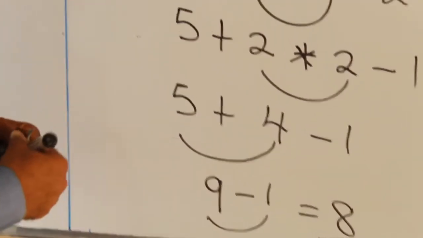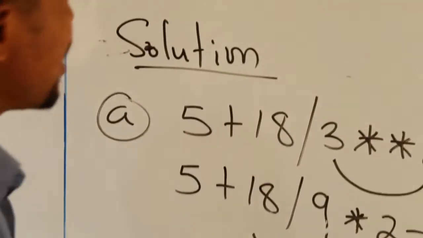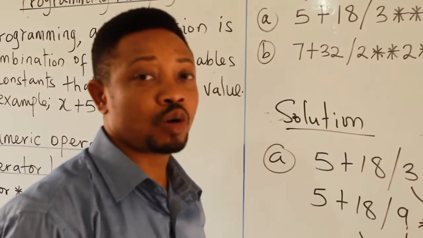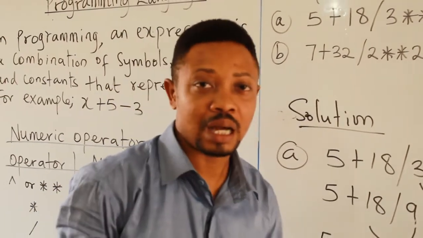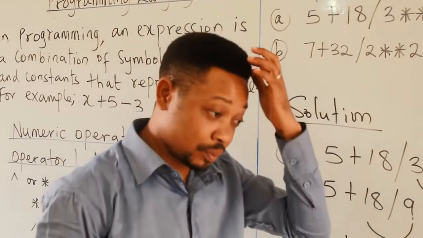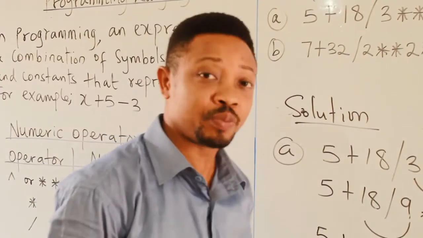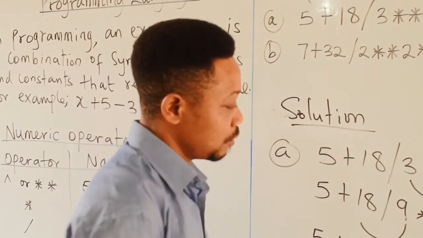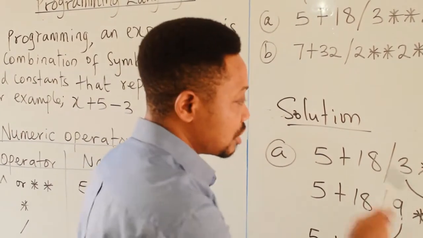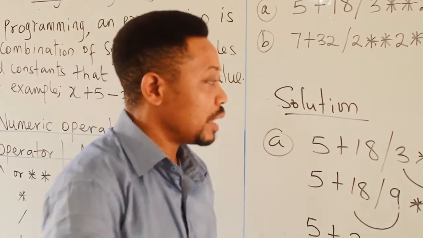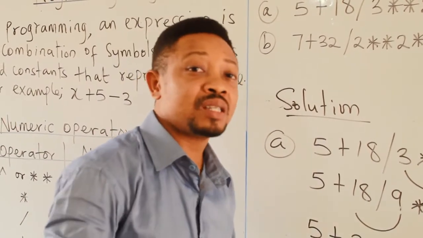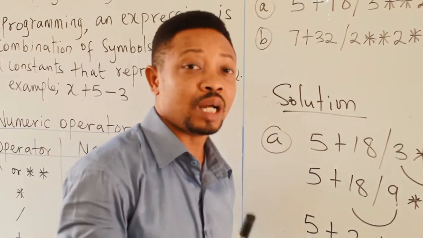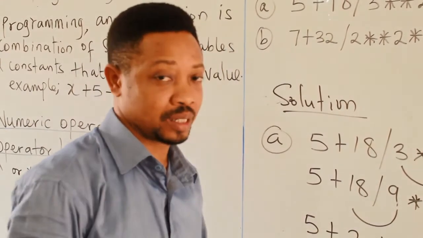So we have successfully evaluated this problem using what we call BEDMAS. I hope that is clear. Now note that whenever you're solving this kind of problem, you must indicate the hierarchy using your sign, so that whoever is assessing your work will know that you're actually following the precedence.